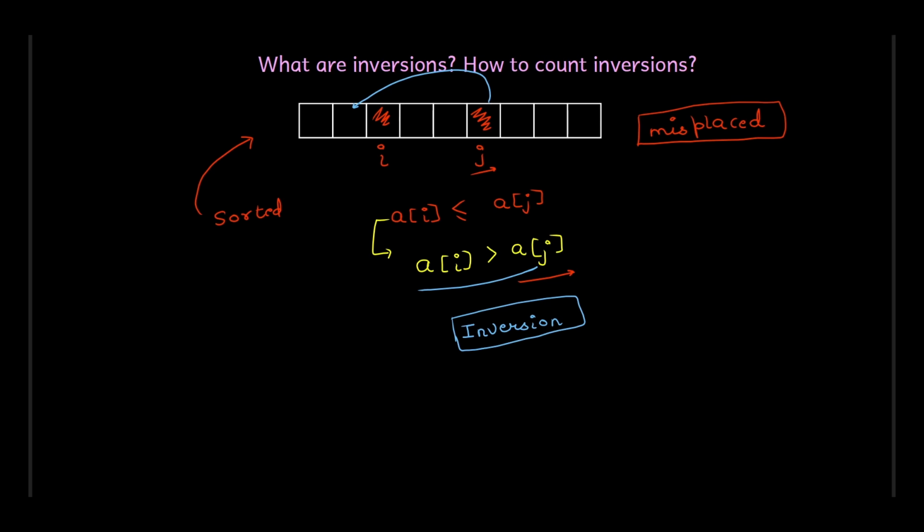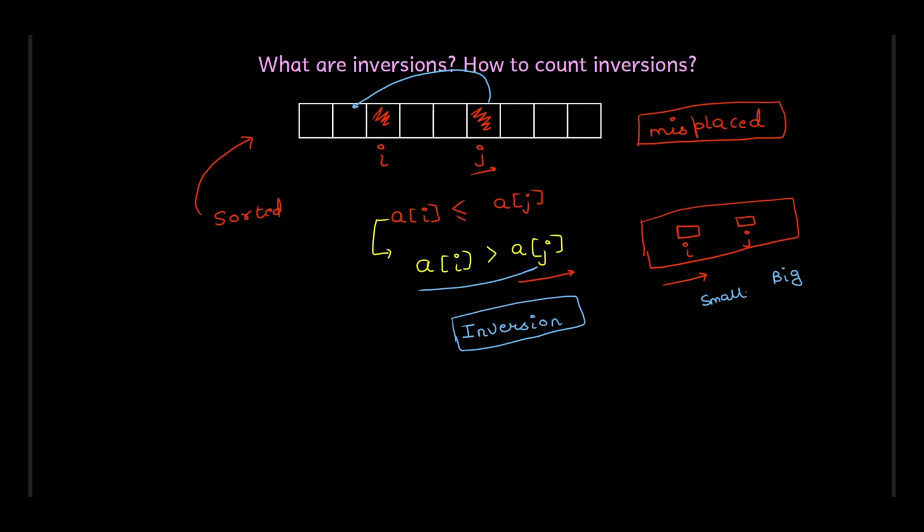So again, just to summarize, when do you say that a pair of indices creates an inversion? You say it when the left side element is bigger, because in an ideal world, when the array is sorted, you want this to be small and this to be big.